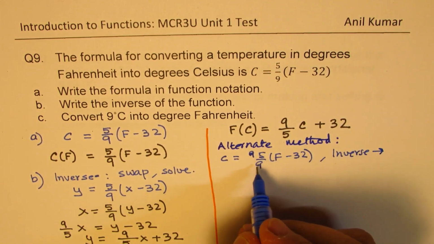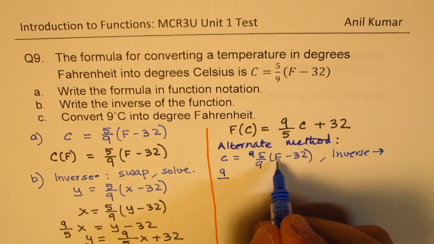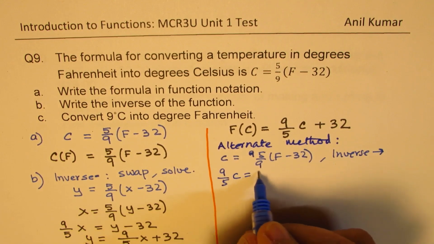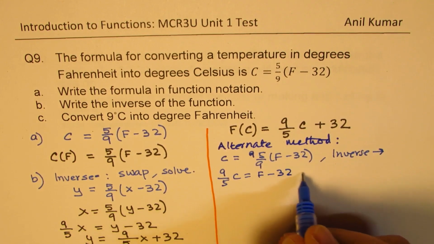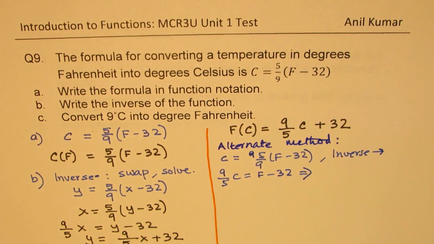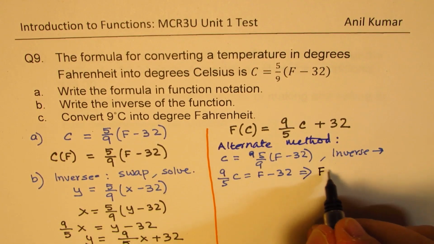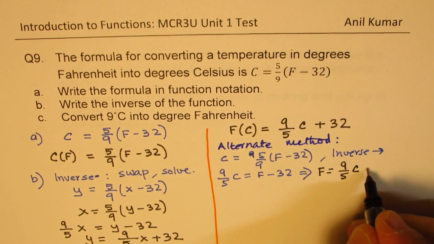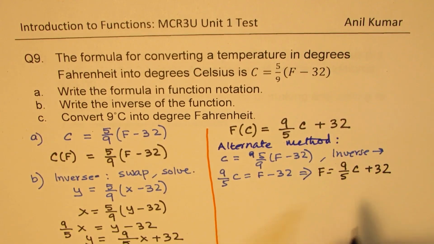Inverse means to swap, right? So we need to find what F is in terms of C. So we'll just cross multiply. We get F minus 32. And that results in the answer, which is F equals 9 over 5C plus 32. Is that clear to you?